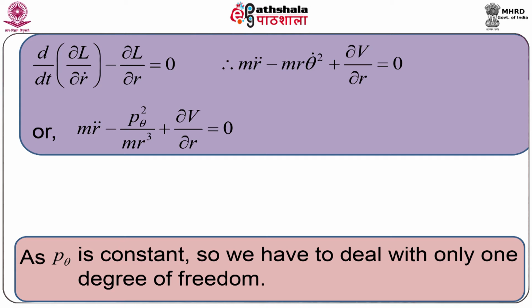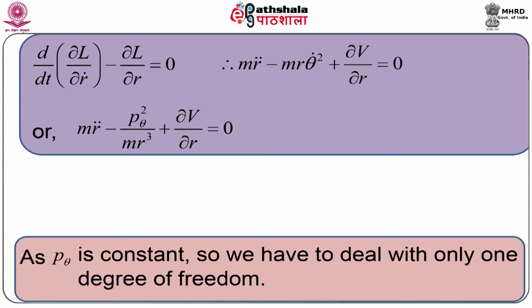Lagrange's equation of motion corresponding to the r coordinate gives d/dt of del L del r dot minus del L del r equals 0. Therefore, m r double dot minus m r theta dot square plus del V del r equal to 0.